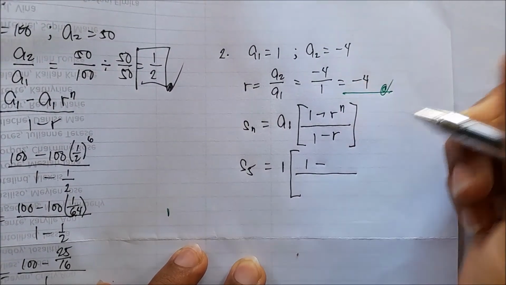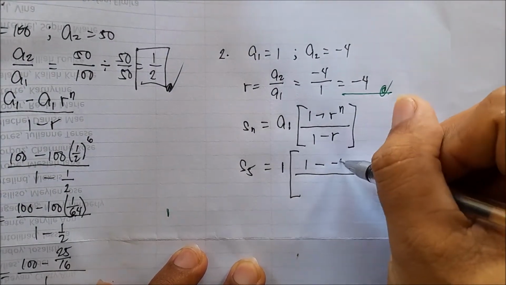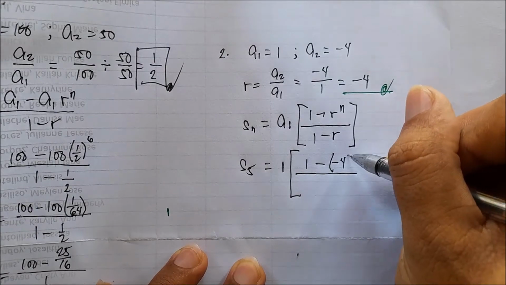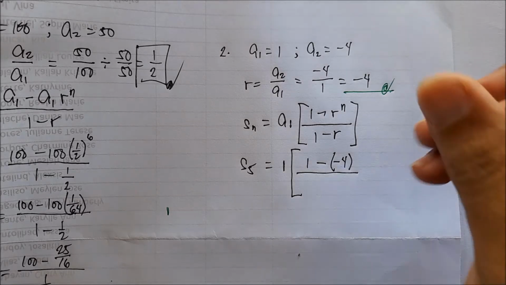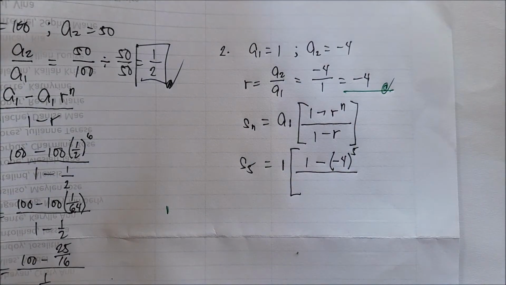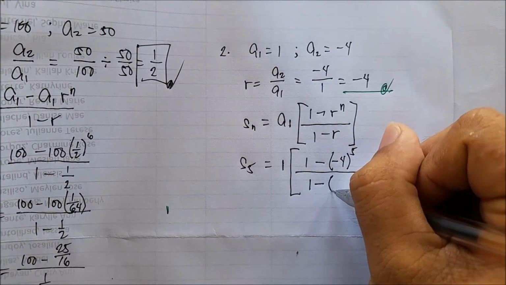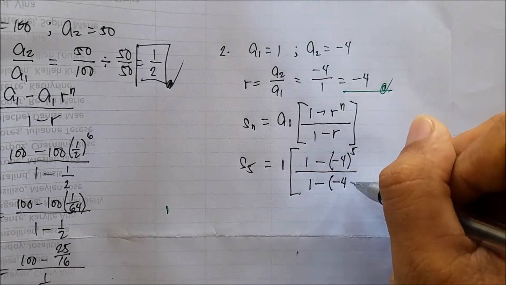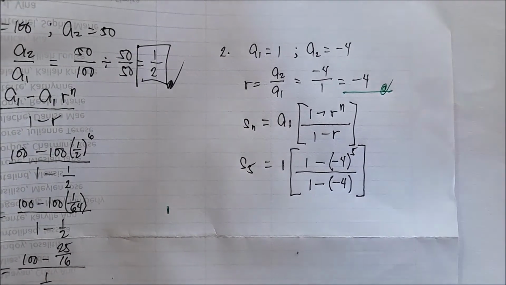Times 1 minus, what is the value of r? Negative 4. So use the parentheses to separate the operation from the negative sign. To the power of 5, which is the value of n, over 1 minus, open parenthesis, negative 4, close parenthesis.